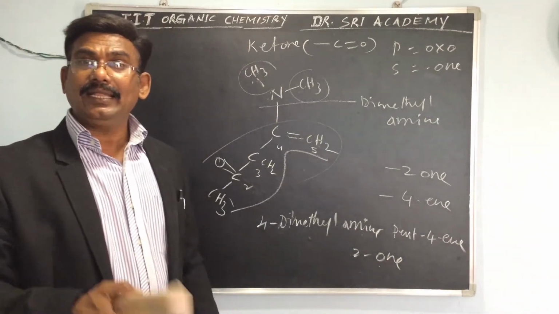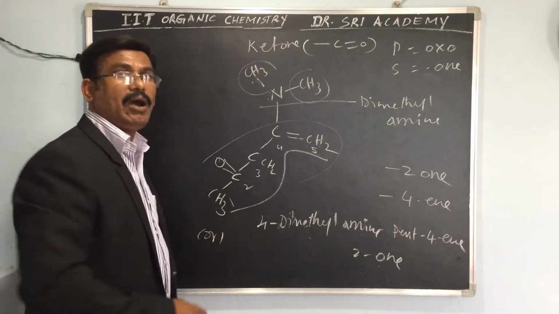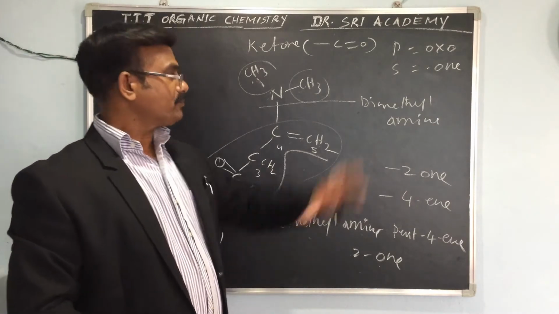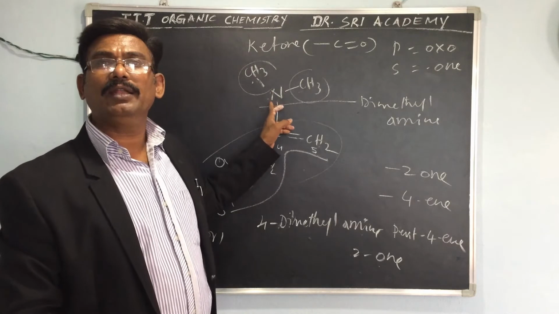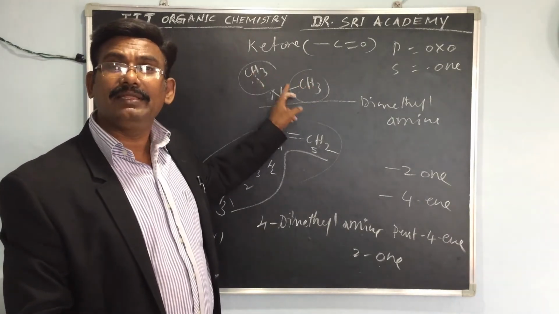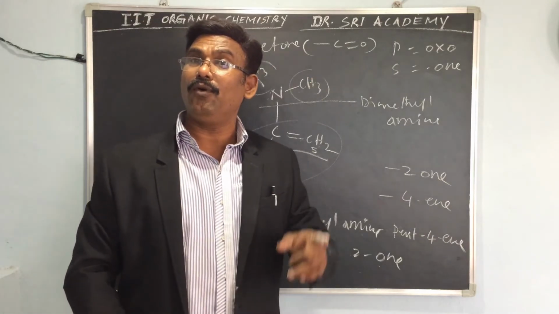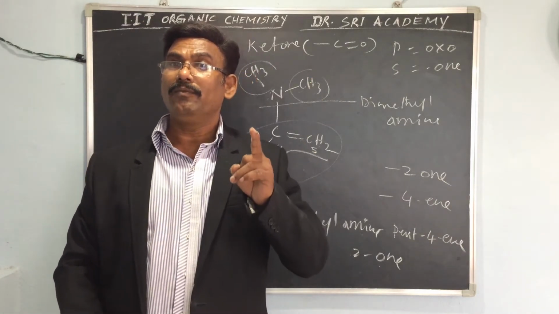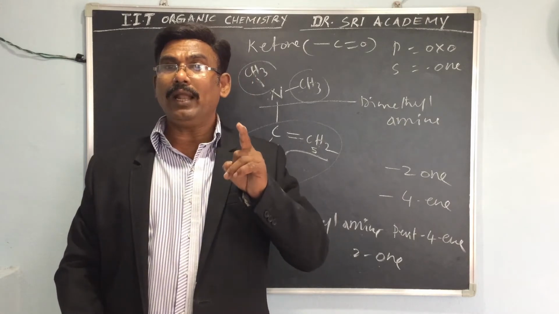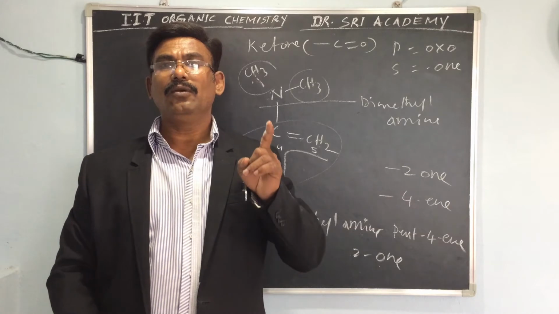Or we can write another name also sometimes. How can you write? Instead of dimethylamine, we can write 4-N-methyl, N-methyl, N-dimethylamine pent-4-en-1-one.